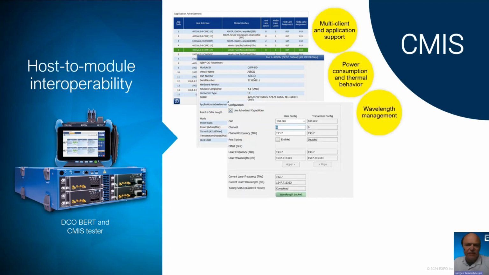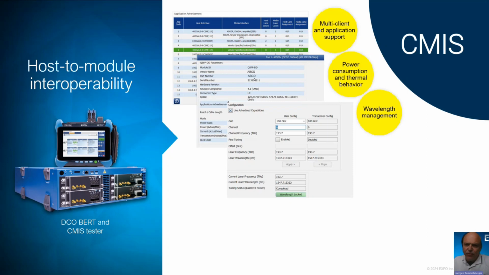Then further advertised capabilities are related to the wavelength management. So the transceivers must be able to process the designated WDM channel or the channel frequency and confirm that the wavelength is locked.